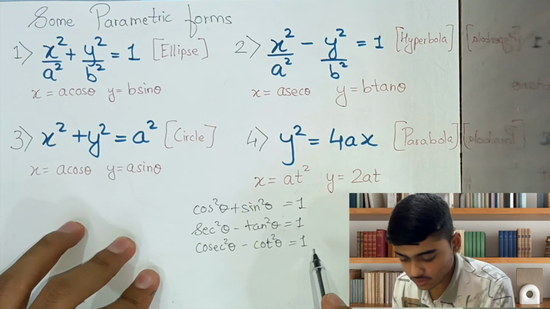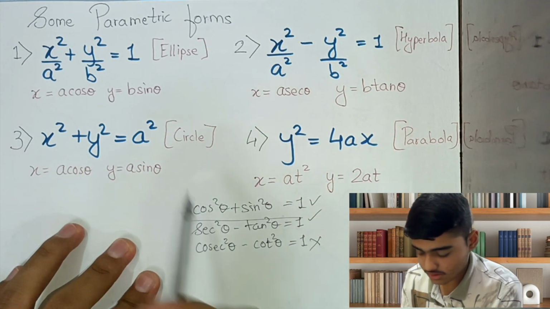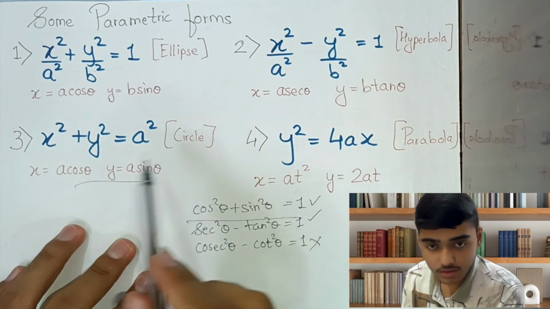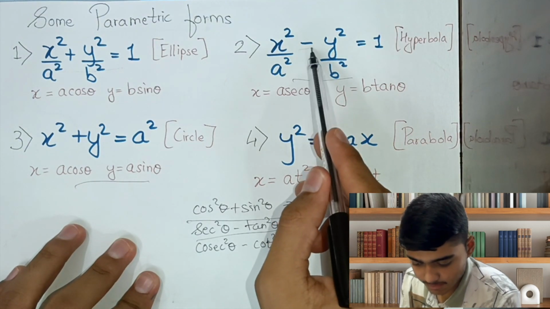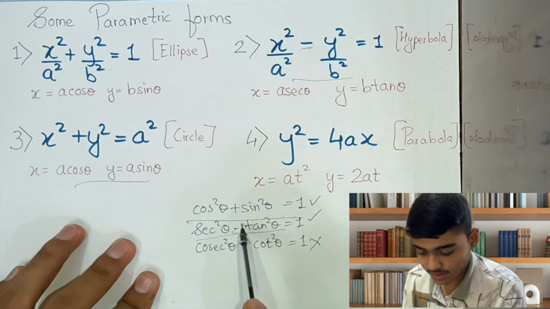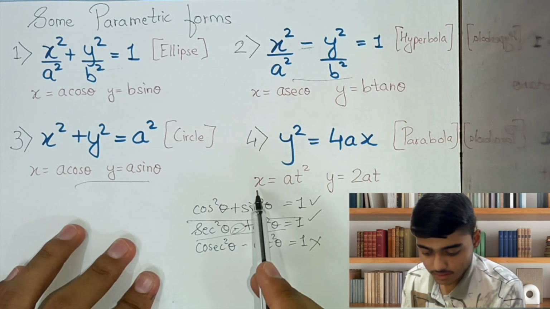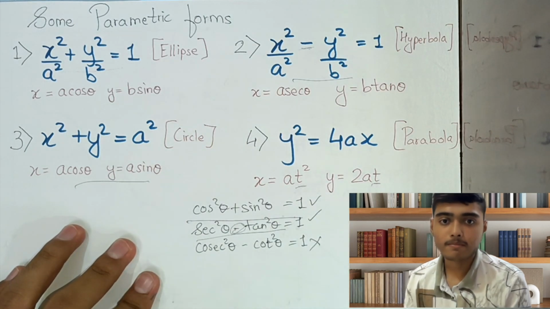We haven't used this one here, but we have used the first and the second. The first one is used here as well in the circle parametric form. The second one is used here because we see a minus sign here, and by that we imagine that this identity can be used. And this one is a parabola, and we have put a t in both of them, which is a parameter.